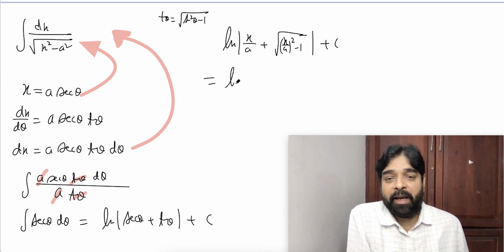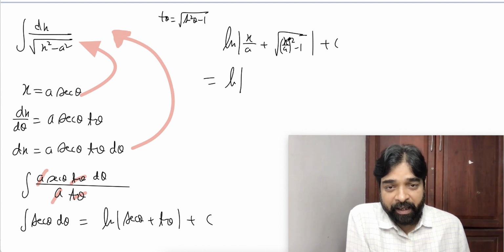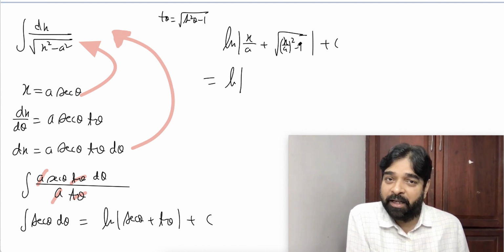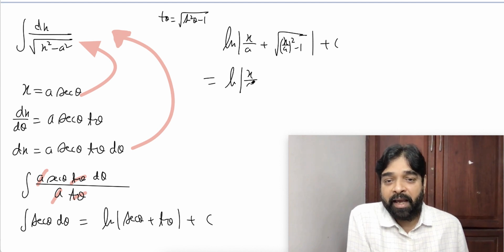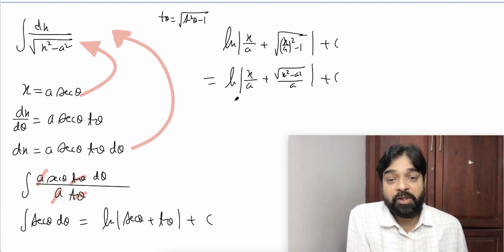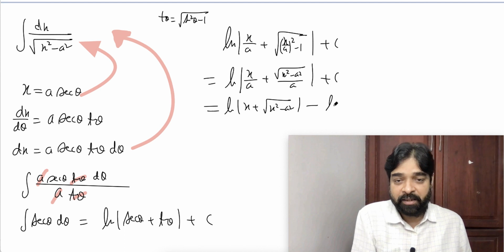So this will become ln mod, taking LCM, x square by a square minus 1 to x square minus a square by a square. That means x by a plus root of x square minus a square by a, plus c, which will become ln mod x plus root of x square minus a square, minus ln mod a, plus c.